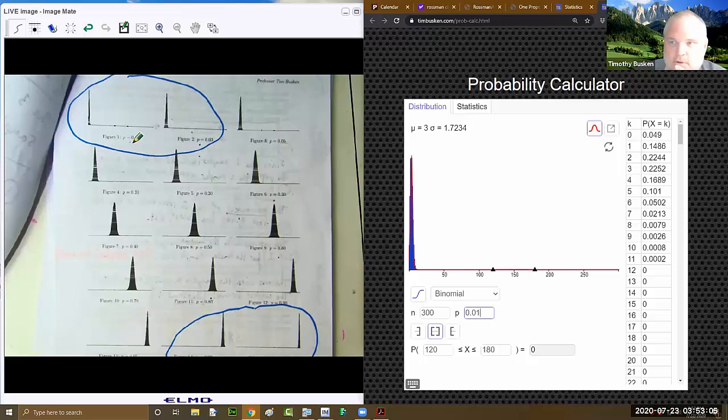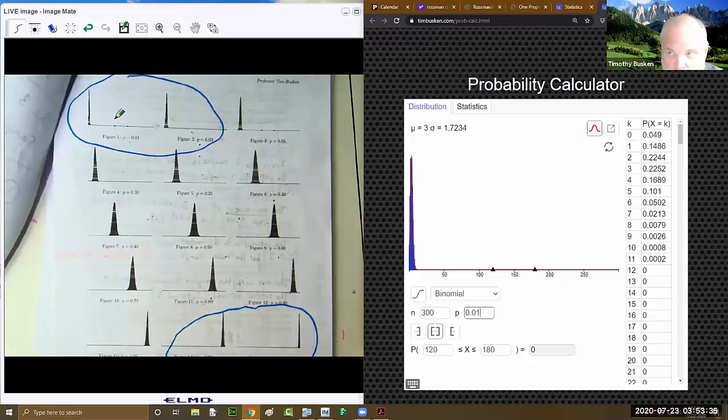But if you start to change the value of p and increase it from 1% to 3% to 5% to 10% to 20% to 30%, you'll notice that all the curves are normal. This is because n times p and n times 1 minus p are greater than or equal to 10 for all of these situations.